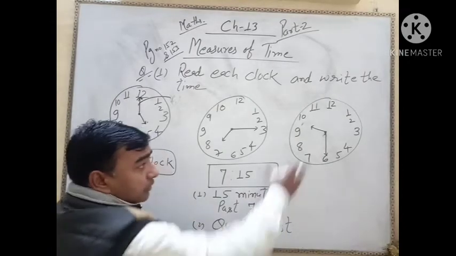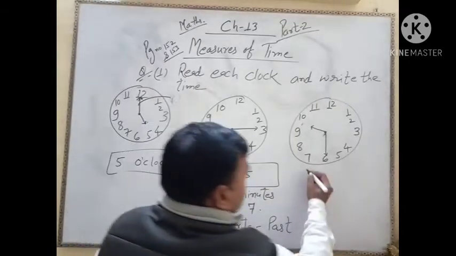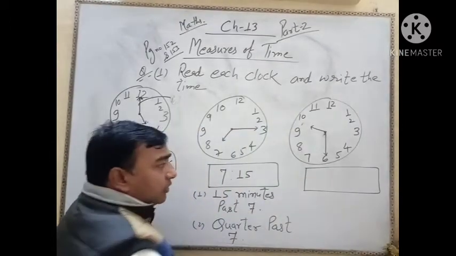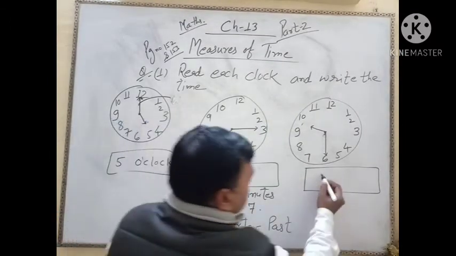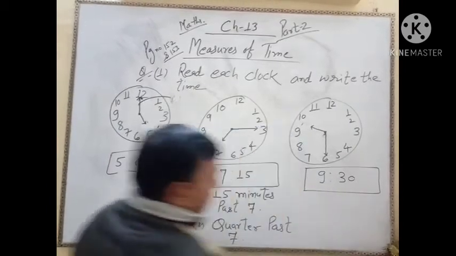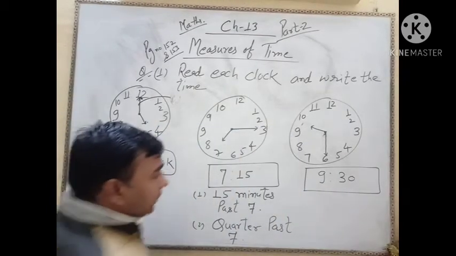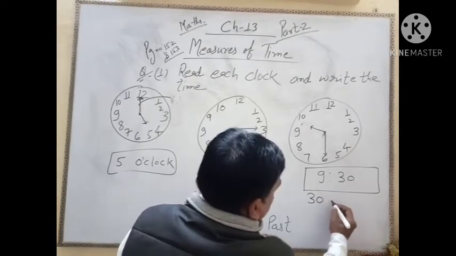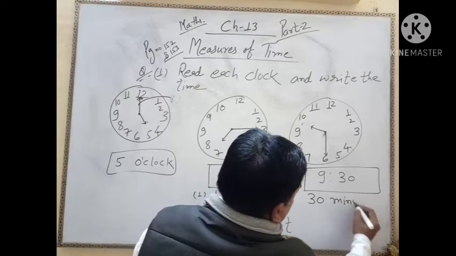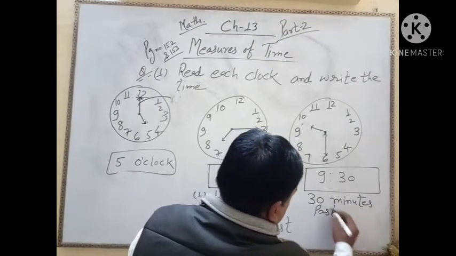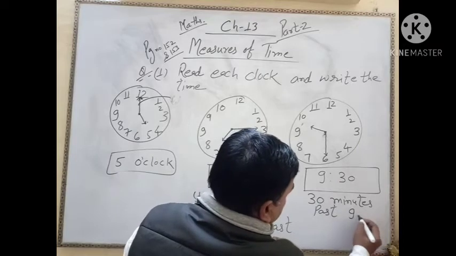Now come to the third one. According to this clock, it is showing the time what? 9:30. In another sentence, we can write 30 minutes past 9.